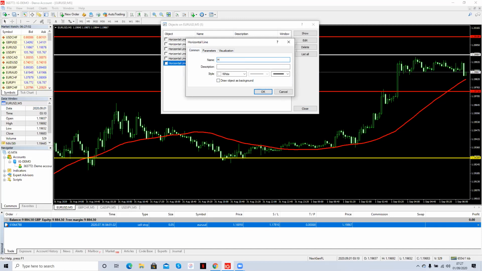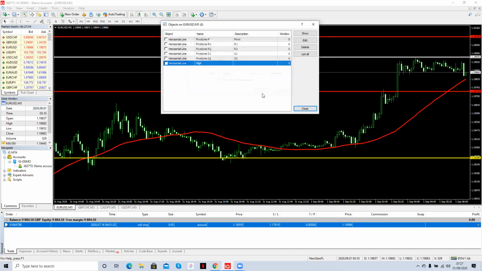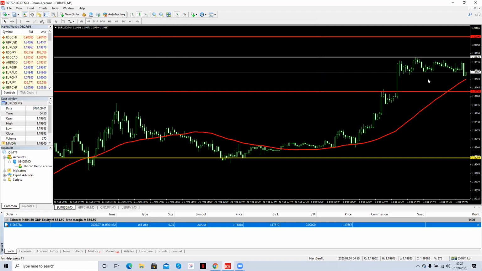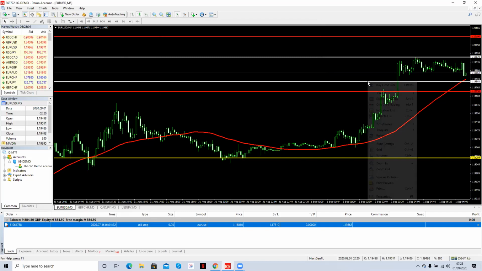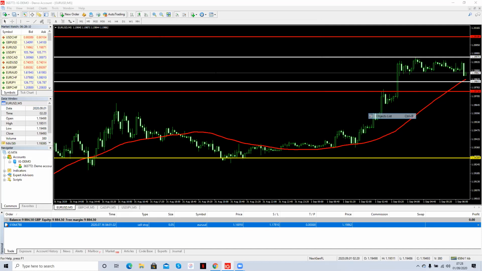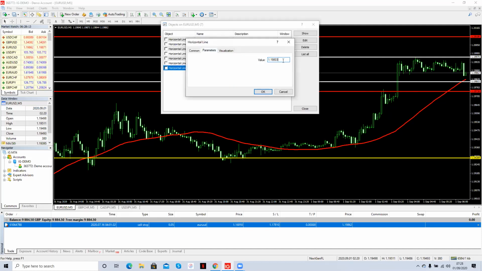There we go. And the low, let's see. So the low part of this week is 1985. Let's see what this is. 1984. So we'll take the lower one, 1984. And that's the low for now.